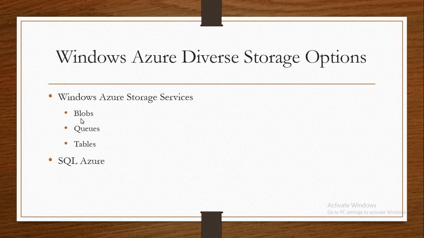Tables is again, if you have on-premise tables, structured data, then you can place them inside the Windows Azure Storage Services tables. But the tables option is completely different from what you have in SQL Server tables. The tables in Windows Azure Storage Services have a different schema.